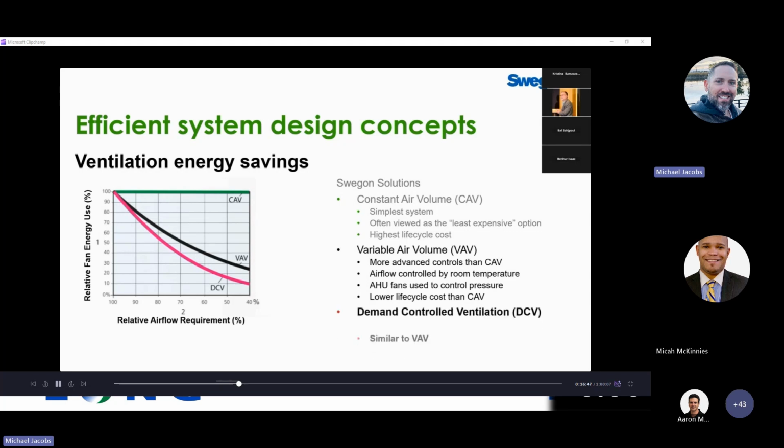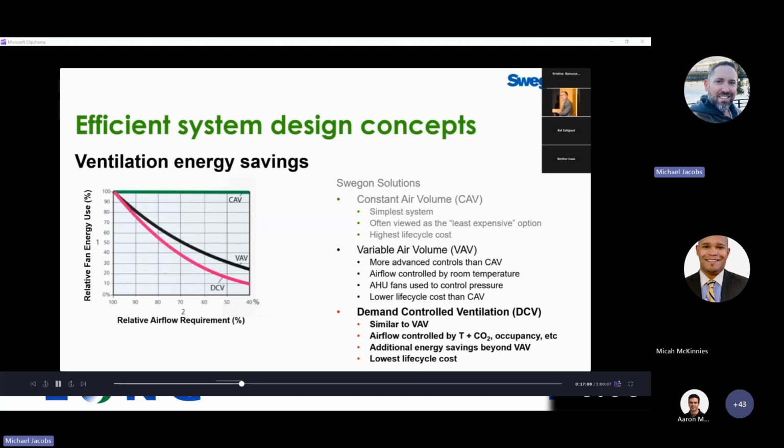Then you get a little extra bump from demand controlled ventilation, which is very similar to VAV, defined here by Swegon as airflow that's controlled by temperature and CO2 or occupancy or some other measure. So it's not just controlling temperature and comfort, but it's controlling more of the holistic indoor environmental quality.